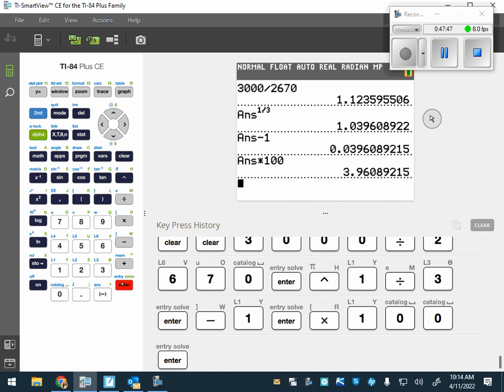Blue packet, pages 4 and 5, which is 5.6 practice, and pages 6 and 7, which is 5.7 practice. Problems 2, 3, 6, and 7. Just a few. It's all word problems. From our last lesson, exponential growth and decay, and then our interest problems. All right.